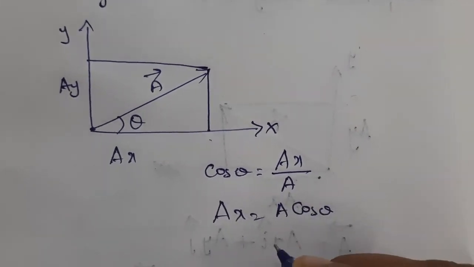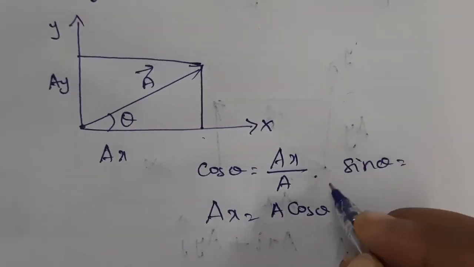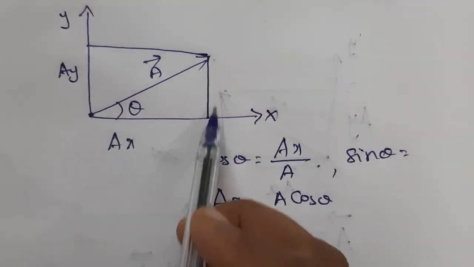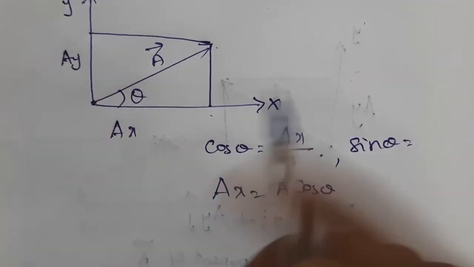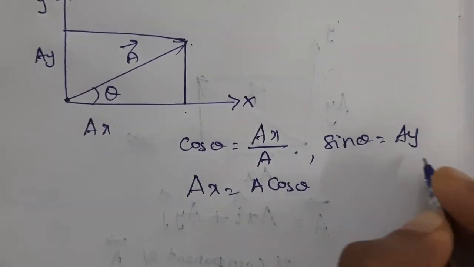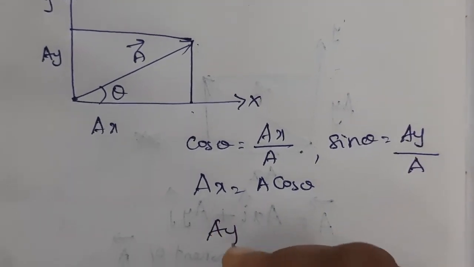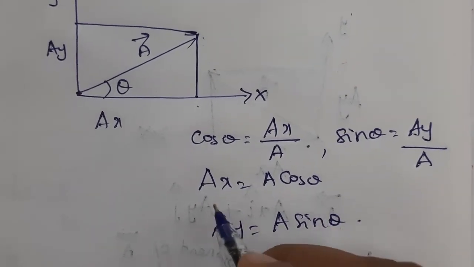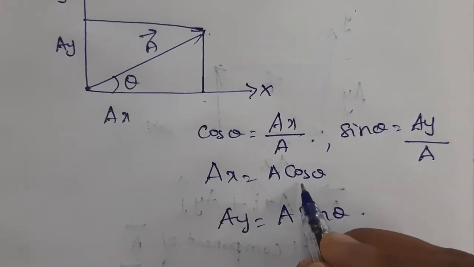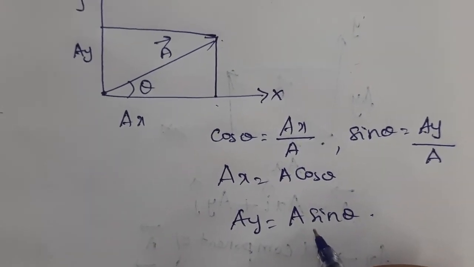A cos theta. Again, from this figure, what is sin theta? Opposite side by hypotenuse. Opposite side is similar to this ay, so ay by hypotenuse a. So ay is equal to what? A sin theta. So the x component of A is the cos theta component, and the y component of A is the sin theta component.